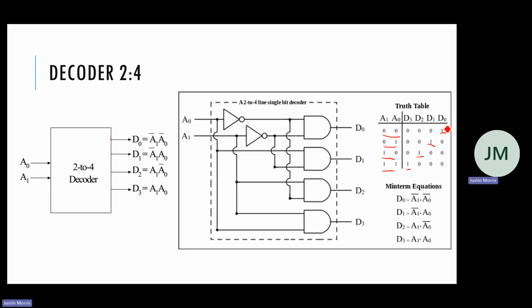It's 0 to 3, right? So 0, 0 represents 0. So it is the first one, but it is labeled as D0. Oh, you're saying D0 is 0. Yeah. Well, I mean, it is the binary of 1, but we're saying that it's the number 0. I'm confused. So A1 and A0 are 0. This is binary 0, right? So the first bit of output, the rightmost bit, we're going to be putting as the 1.